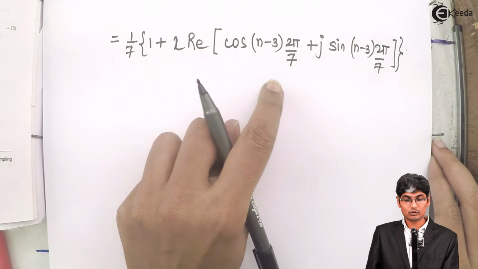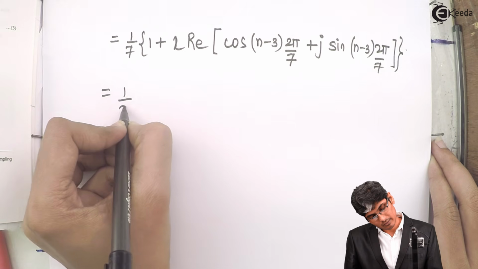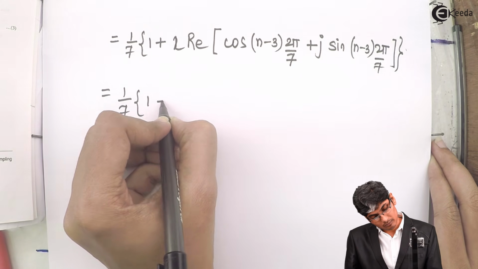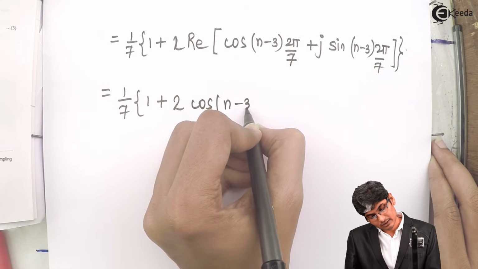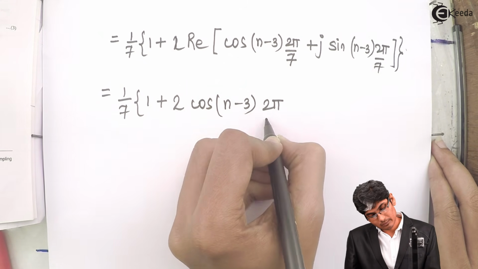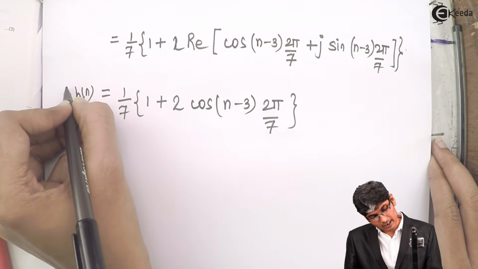And then I have to consider only the real part, which is the cosine term. So it will be 1 by 7 times 1 plus 2 times cosine of (n minus 3) into 2 pi by 7. So that is my h of n.